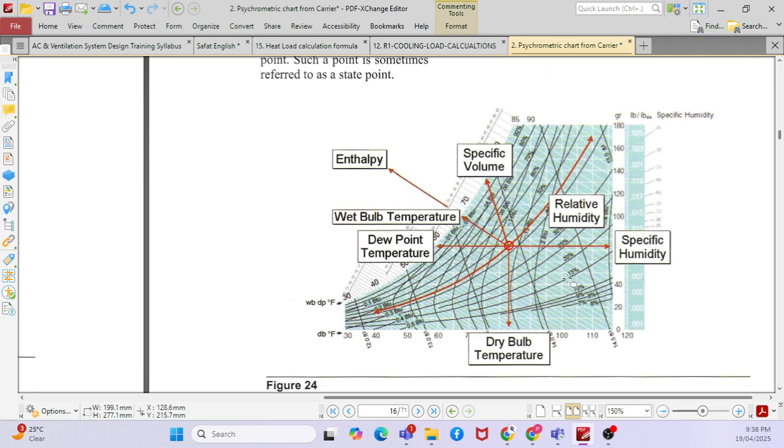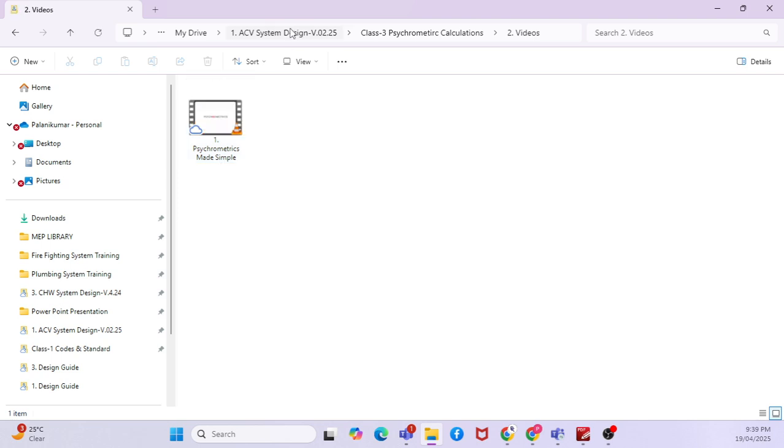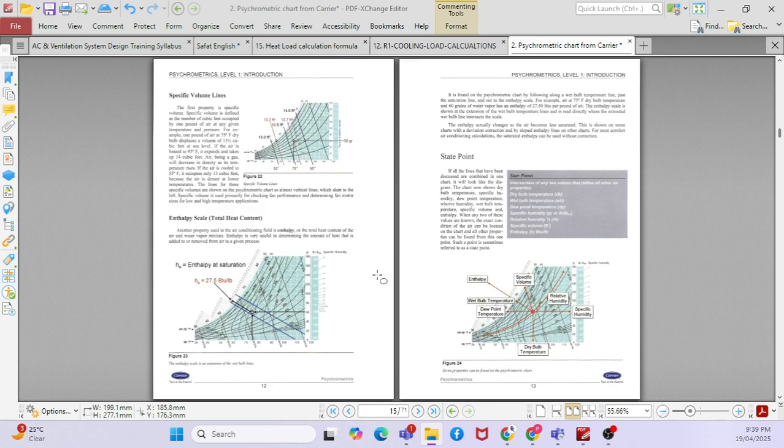You will be studying all this for another 2-3 weeks. Start reading all the documents. I will be sharing one document with you. For example, this is Psychrometrics Made Simple. There is also a video that I will be sharing with you. Open that video and start going through the psychrometric chart, and also start reading this particular document.